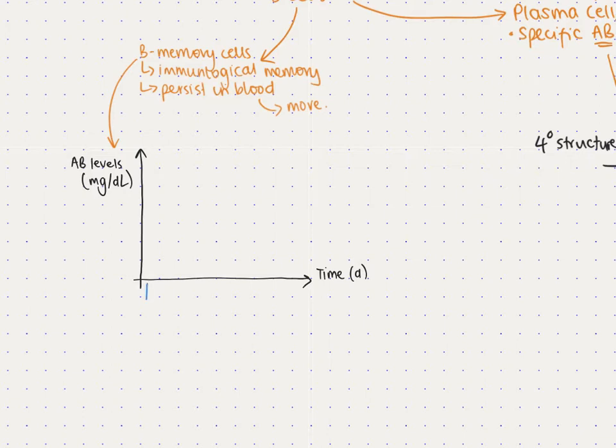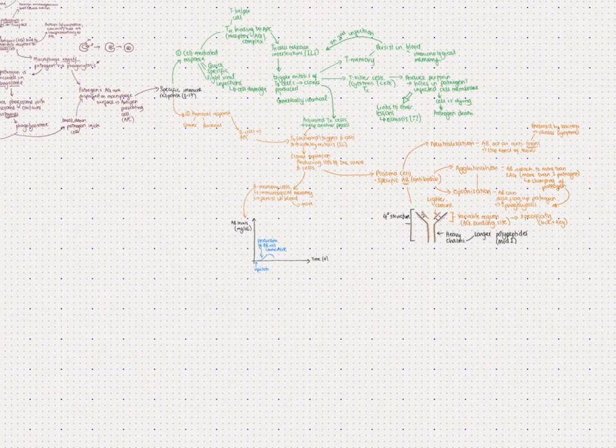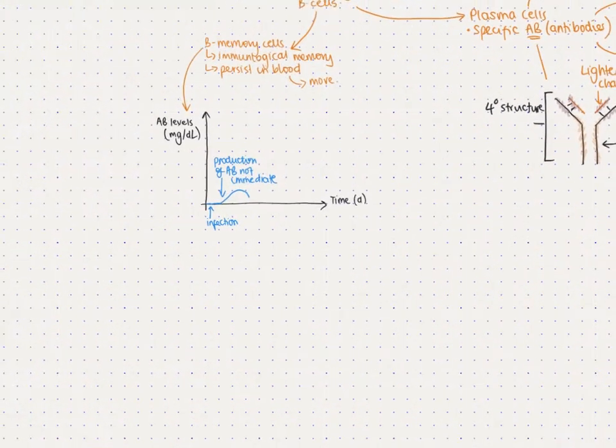So we've got an initial point of infection, and our graph is going to show a delay. Okay, so the response and the production of antibodies is not immediate. And this is because realistically, we've got to go through all of this process over here with the dark purple stuff and go through all of the triggering of the B cells to get to this point.